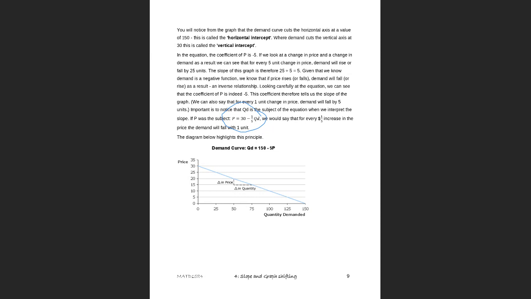They can treat you this way, but this is not a standard way of writing an equation of demand. Actually, this equation should have been something like this. I will make QD the subject.